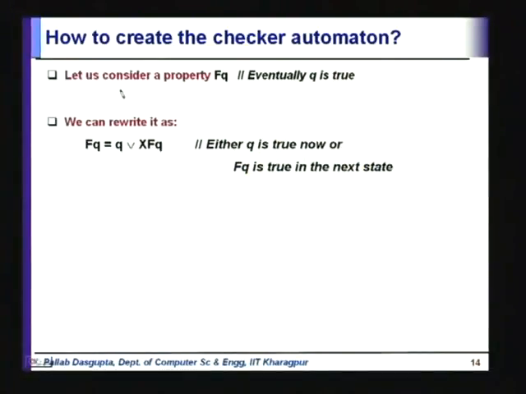We will say that this is to be checked in future. So, let us treat that as a unit. My state space of the automaton is going to be determined by the set of propositions and the set of X guarded subformulas. Intuitively, that is what will be the state space of the automaton that we construct. So, let us go ahead and see for this example how we do that.